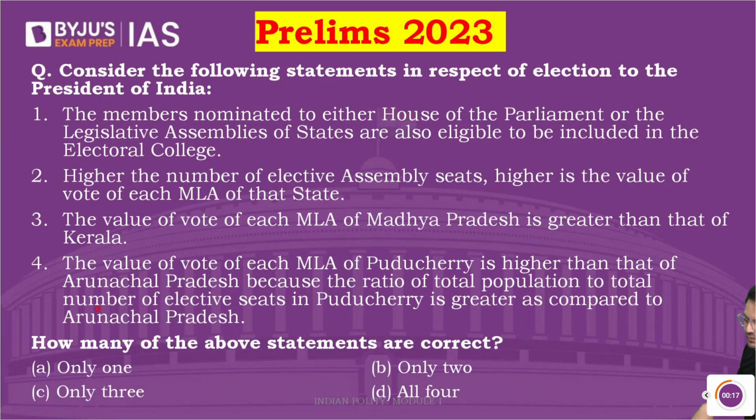Options are only 1, A, B only 2, C only 3, and D all 4. Those are the options.